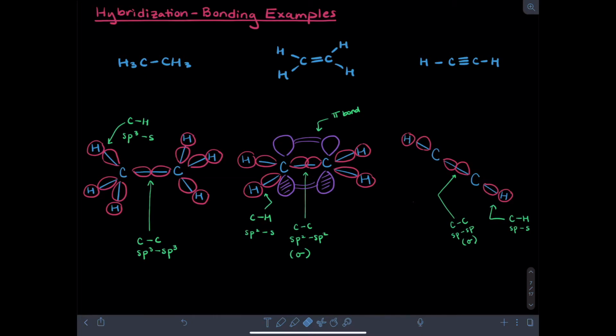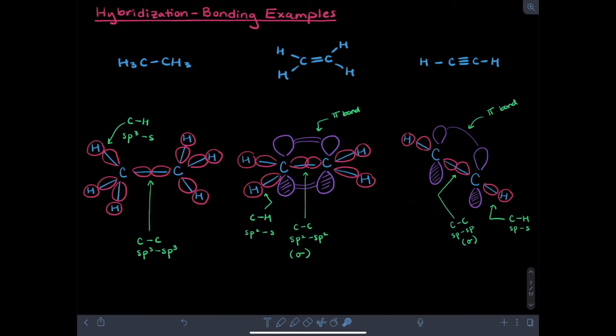And for acetylene, let's start out with our sigma bond framework. Each carbon is sp hybridized, and it uses its sp hybrid orbitals to form one bond to hydrogen and one sigma bond to the other carbon. Then each carbon has two remaining unhybridized p orbitals.